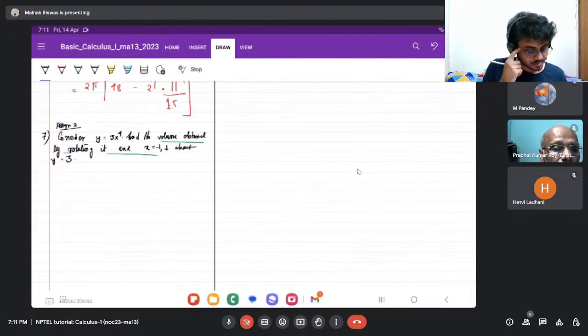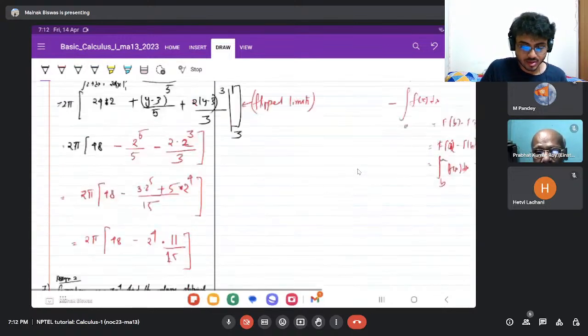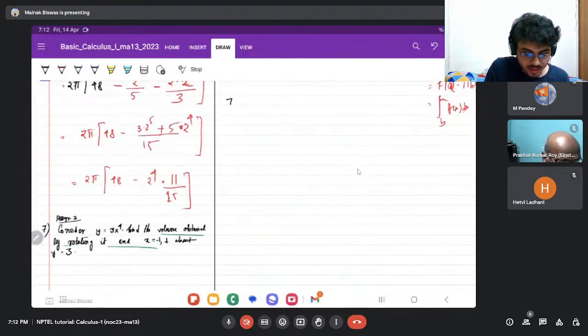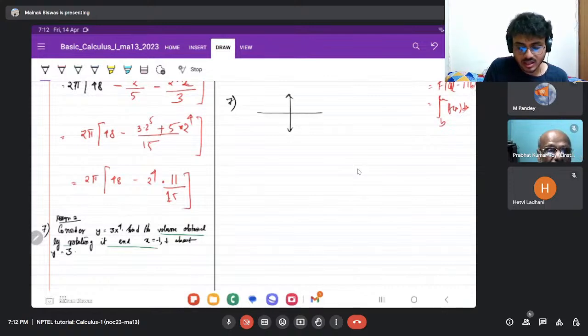So what I'll do is, let's start with this. So this function looks like, so we always, as I told you, try to plot the function. Number 7 is a very simple function, right? Just like a quadratic, like this. So let's say this is minus 1 and 1, right?